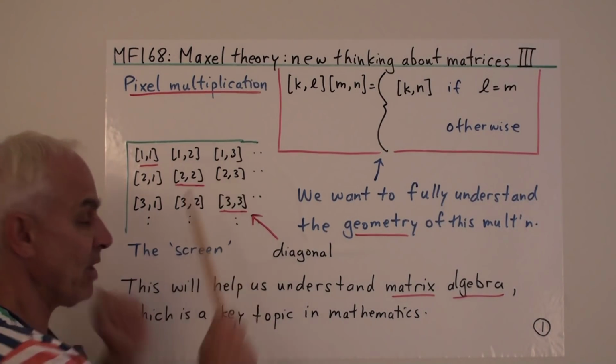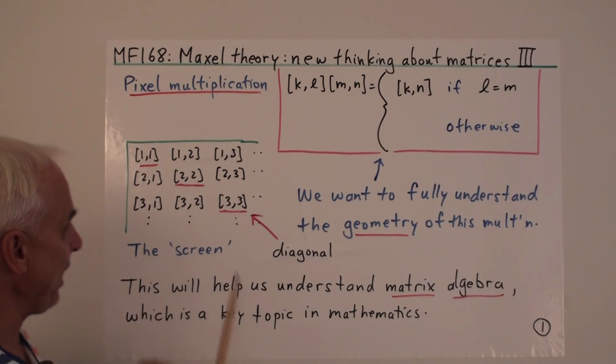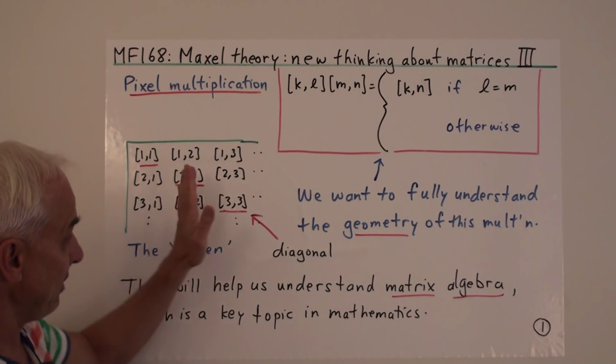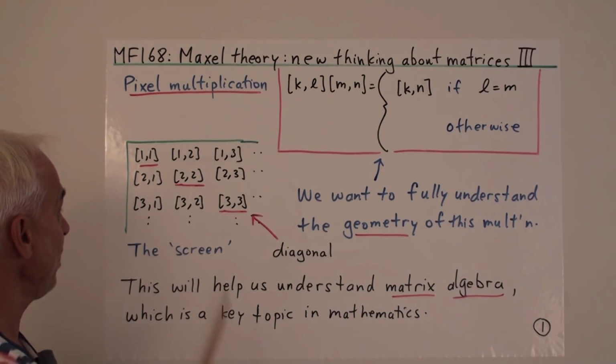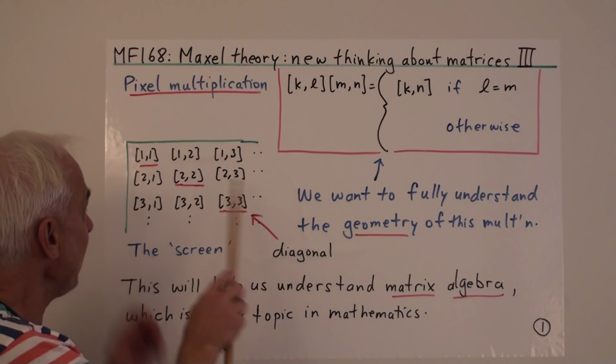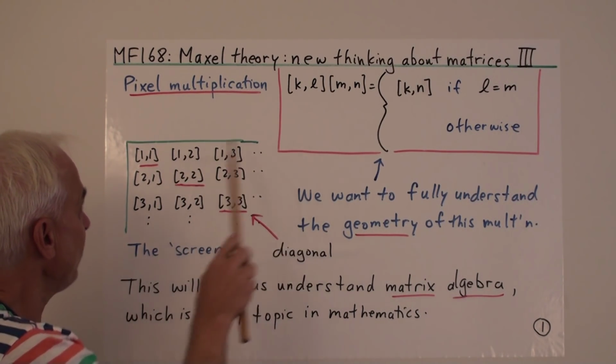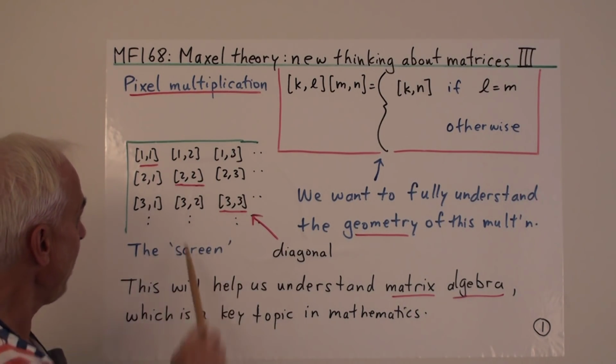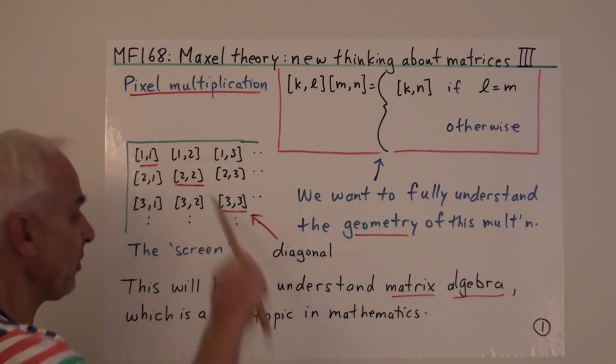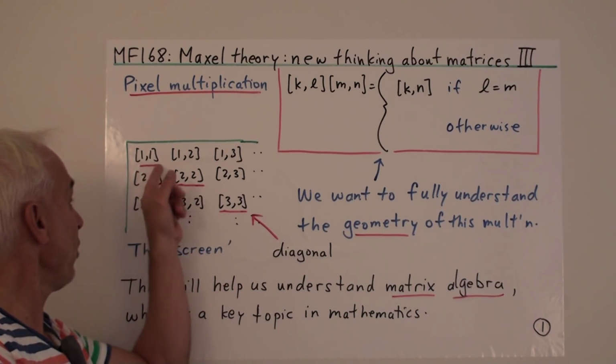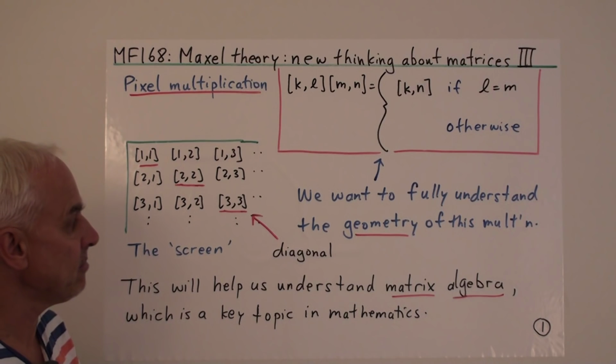We like to visualize our pixels as forming a part of a screen that extends to the right and down, with the standard kind of labeling 1,1, 1,2, 1,3, and so on, 2,1, 2,2, 2,3, and so on. And there's also these diagonal elements where the two coordinates are equal that play a particularly interesting and important role.